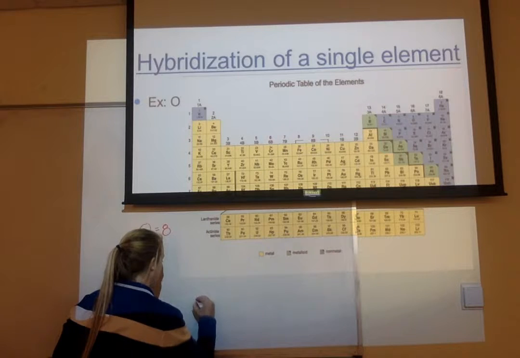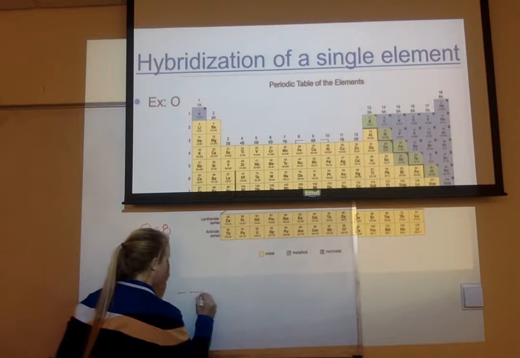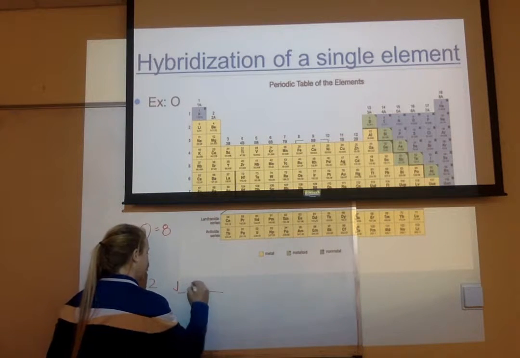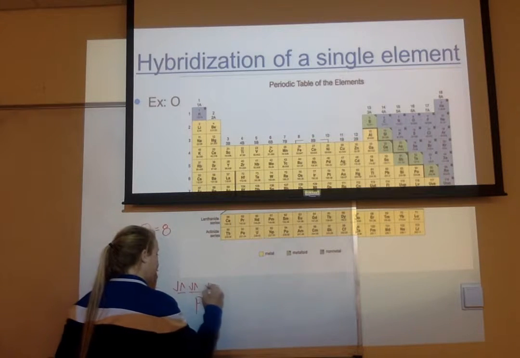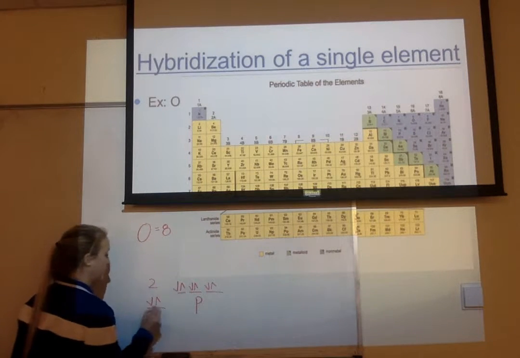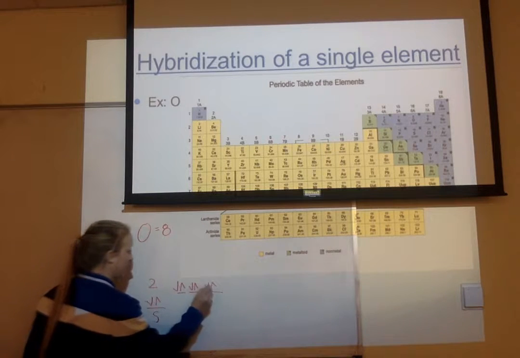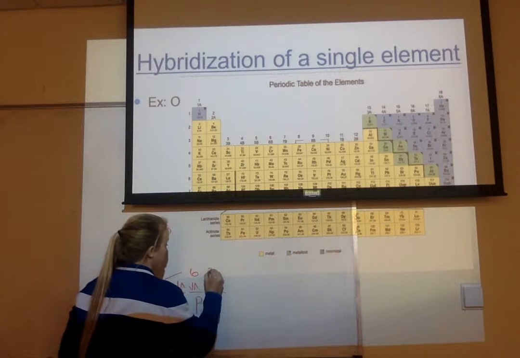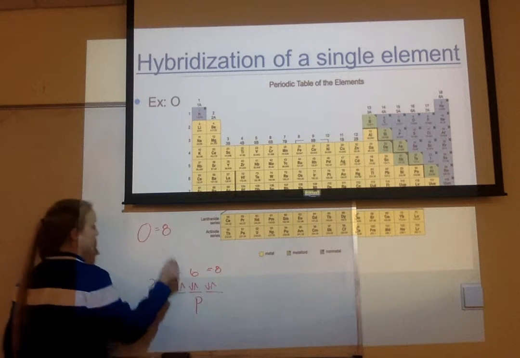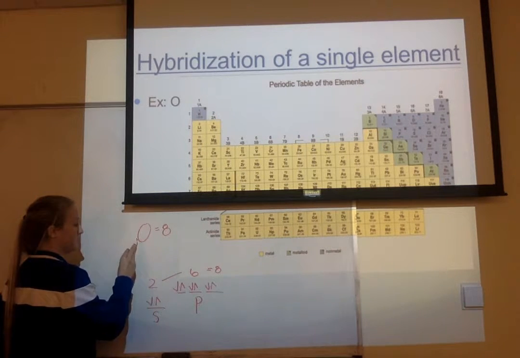Now we're going to draw P, which contains 3 orbitals, each containing 2 valence electrons, for a total of 6. 2, 4, 6. So these together equal 8, which is our total amount of valence electrons that oxygen holds.